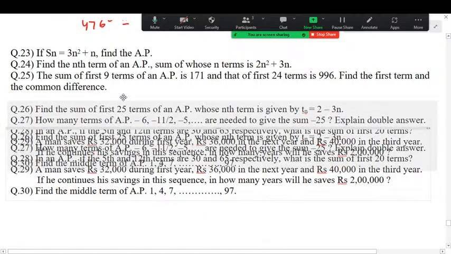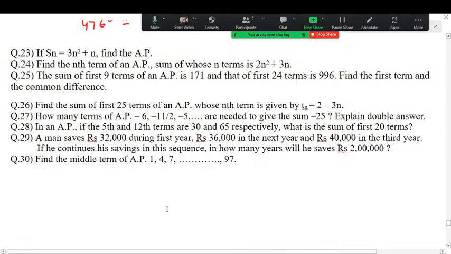In order to find out the middle value, the thing we need to understand is, if there are an odd number of terms, the middle value is only one value. If there are even terms, there are two middle values. In case of odd terms, the middle value is simply obtained by adding 1 to the number of terms and dividing by 2. In case of even, we obtain two middle values. The one is directly obtained by considering n over 2, and the second is obtained when you consider n by 2 plus 1.